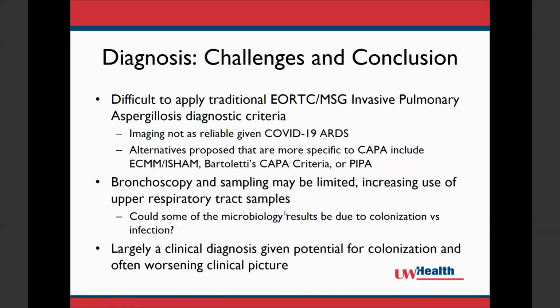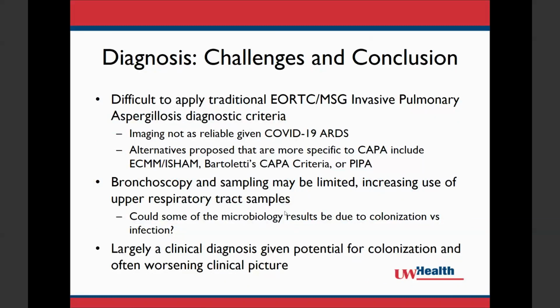So that was a lot all at once, going through the diagnosis. And it makes sense because it is challenging. Again, it is difficult to apply the normal traditional invasive pulmonary aspergillosis diagnostic criteria to COVID patients.